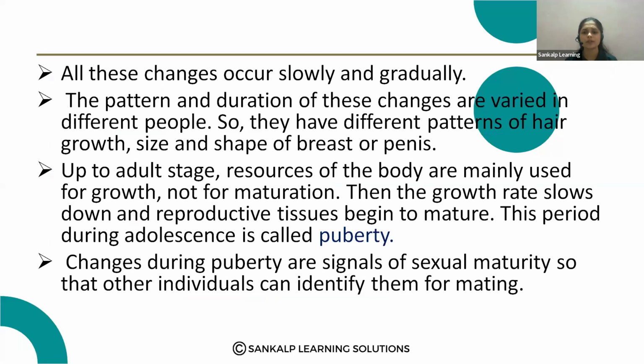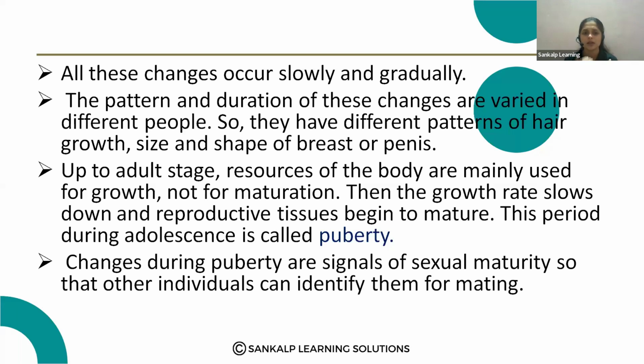Here you can observe the changes in the growth and the sexual maturation. Growth means, from birth to 10 to 12 years, you can observe the falling down of your milk teeth and new teeth coming.